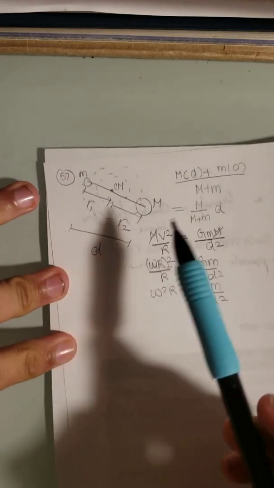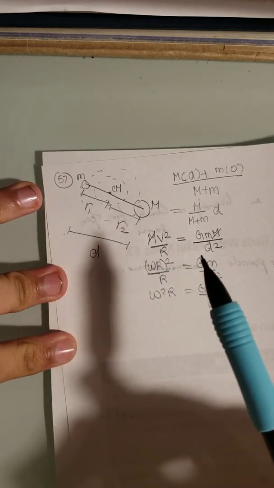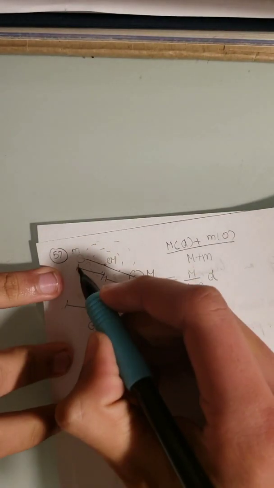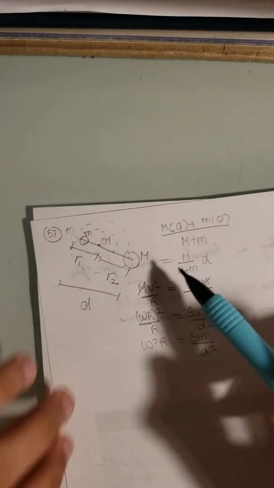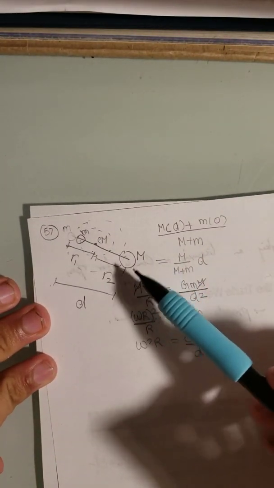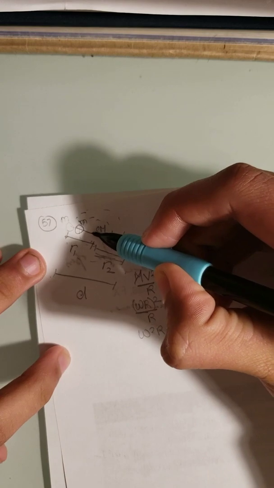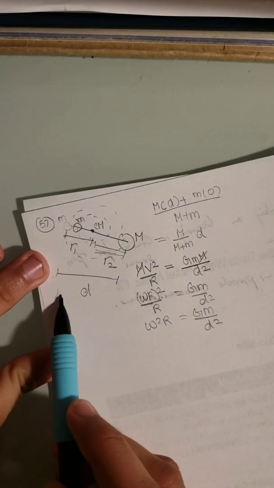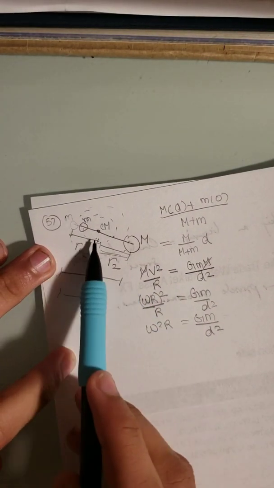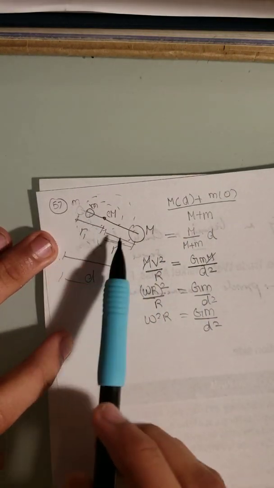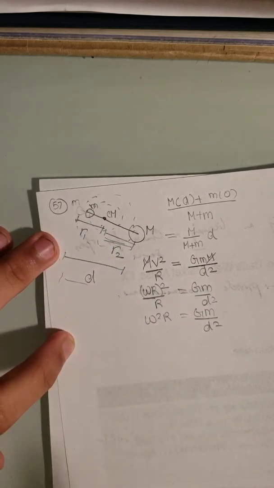Now this r for M, since, oh wait, I made a mistake in the diagram here. So this smaller mass is rotating in between. So this distance r2, that's basically this part. And to find that, we can simply take the total distance d and subtract from that this distance that we initially calculated, which was the distance that the center of mass was away from point m, small m.